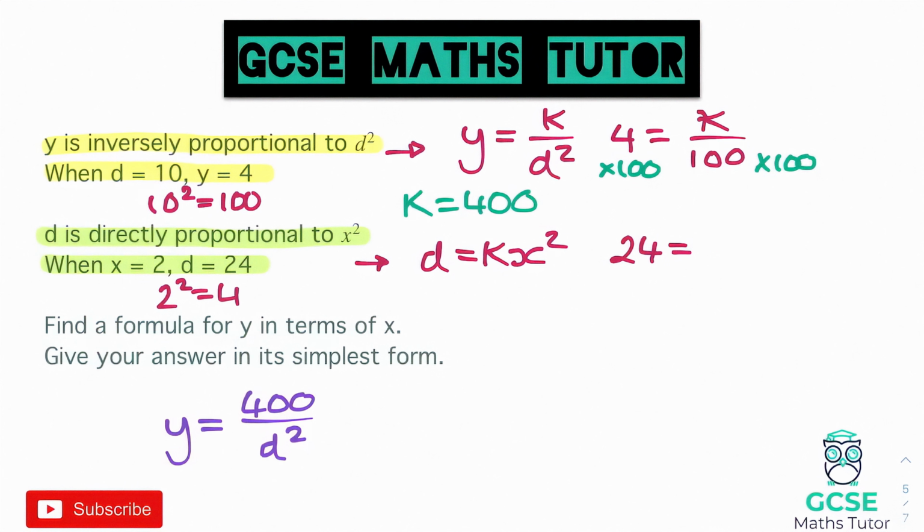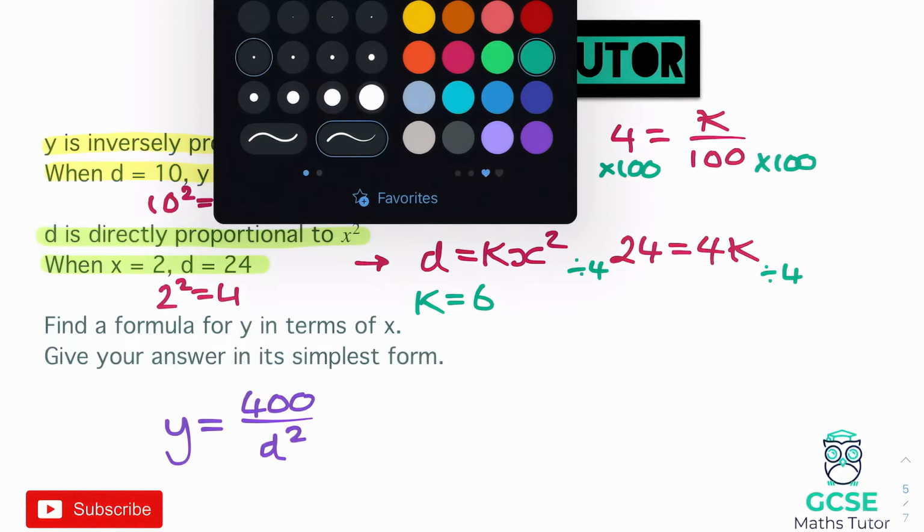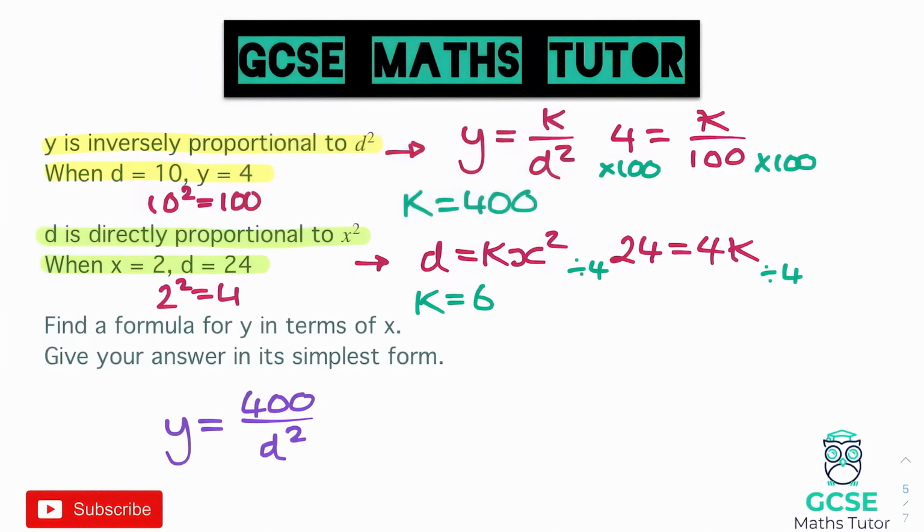To rearrange that, we're going to divide both sides by 4, and we get k equals 6. So we can rewrite our formula there, but having k as 6. We have got d is equal to 6x squared. And there's our two formulas written.